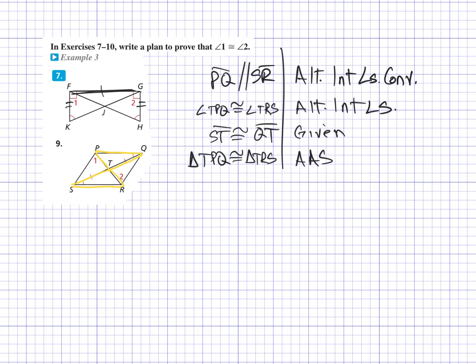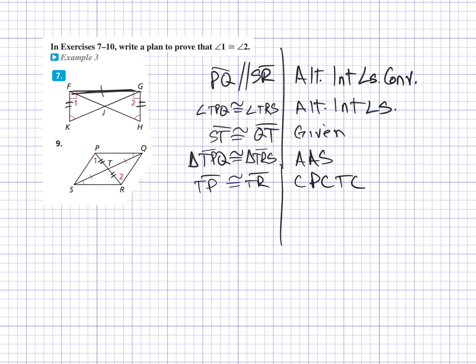So I'm going to erase this and mark a few things on the triangles that contain 1 and 2. All right, so let's erase that. And I'm not sure why it won't erase. There we go. So now we have the top and the bottom triangles are congruent, which makes PT congruent to TR, and that's CPCTC.